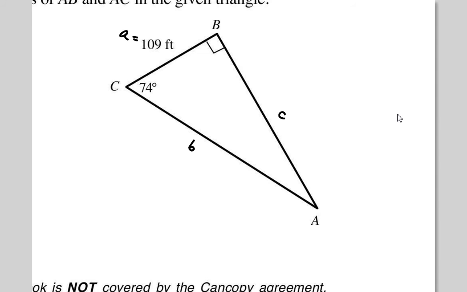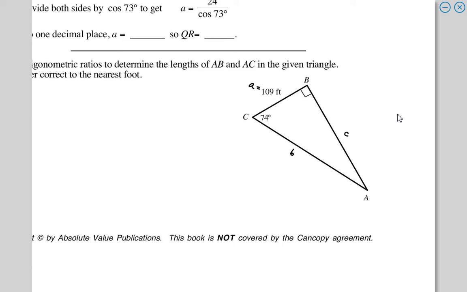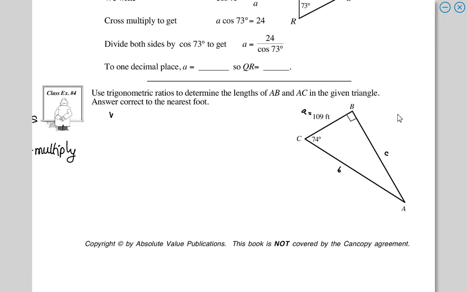All right. Off to the side here, let's say I want C. So first of all, what label is C according to using 74? And what's the only other thing I know about? The 109, right? So what label is 109?